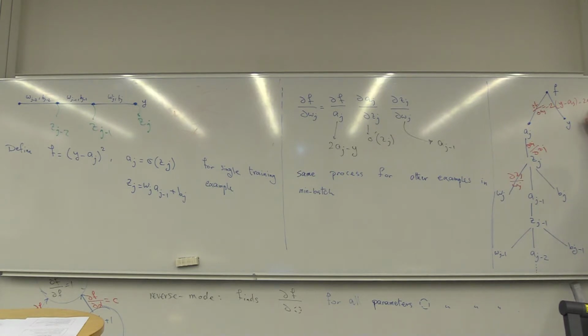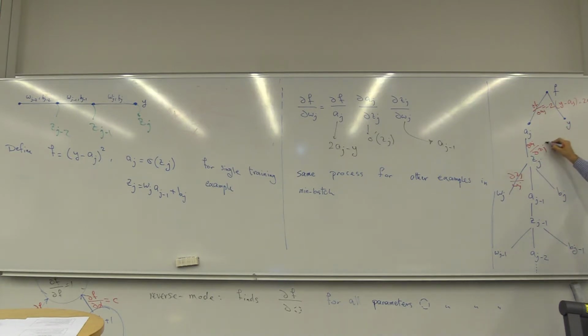If you go one path through the network, one forward path, yes, you do. Why? Because if you go one path through the network, you can compute all these parameters anyway, right? You will have all these parameters stored in your network. Just imagine that this is all the parameters that you have in the cache of your computation. So you have Aj, you have y, so you can compute 2(Aj minus y). So one pass forward gives you all the information that you're going to need to compute this.